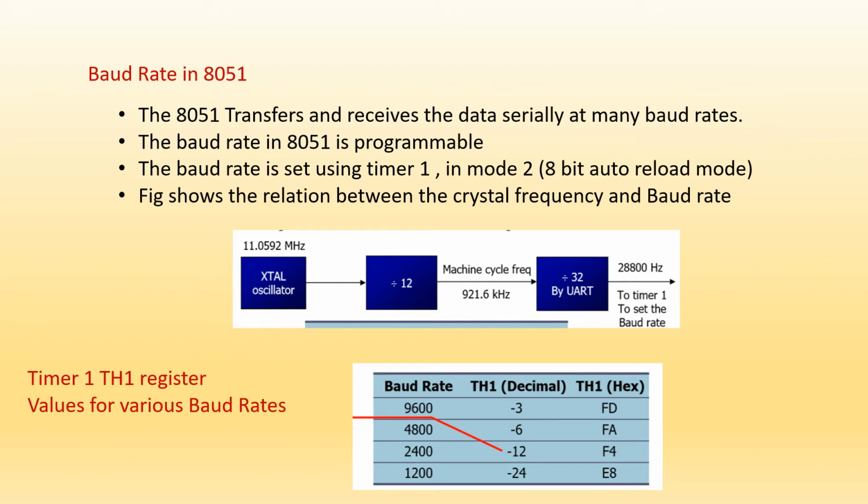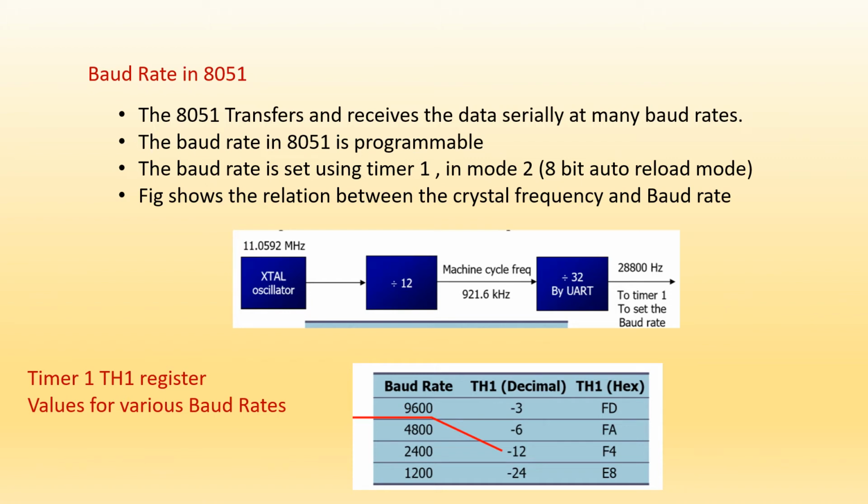Since it's an 8-bit timer, it increments from the initial value till FF is reached. Once FF is reached, the TF flag becomes high. So you know about mode 2, the auto reload mode of the timer. You have already studied it.